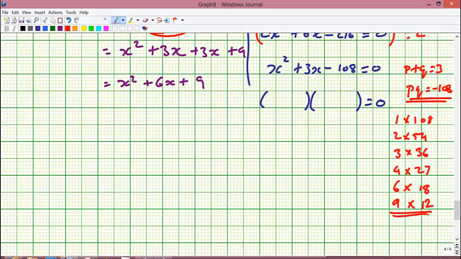Now, don't forget, it's negative 108, so one of these terms is positive and one is negative, so what I think this is going to be, because it's plus 3x in the middle, it's going to be x plus 12, x minus 9. So therefore, x equals negative 12 or 9.